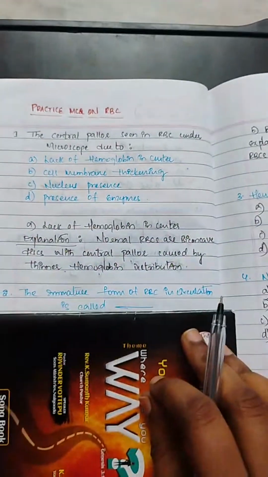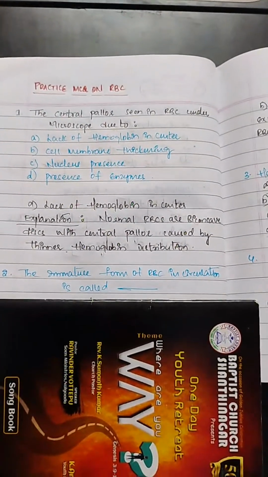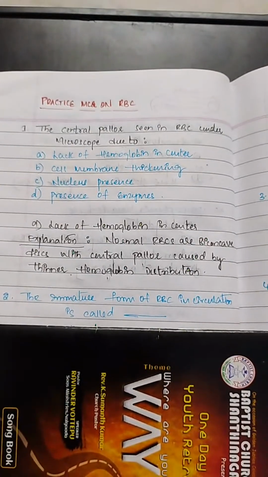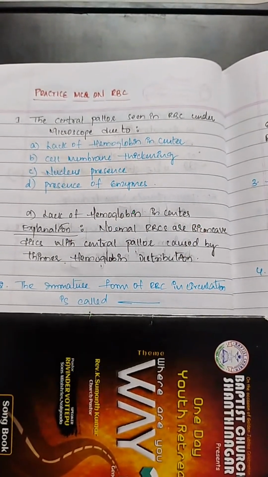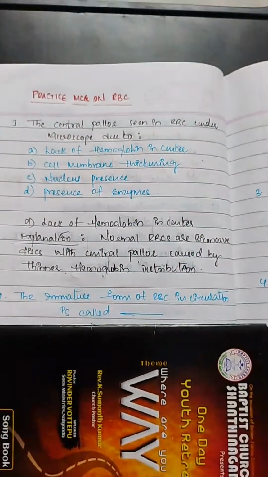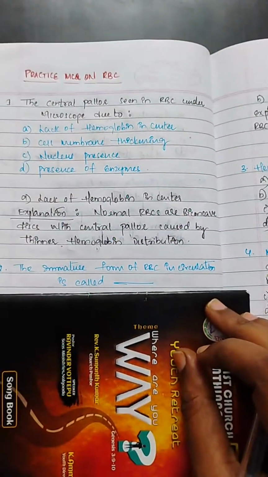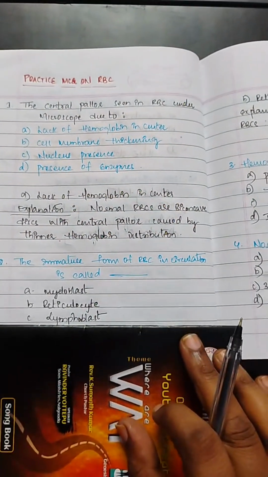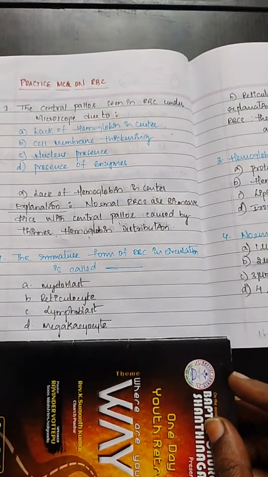Then the next question. The immature form of RBC in circulation is called: option A, myeloblast; option B, reticulocyte; option C, lymphoblast; and option D, megakaryocyte.